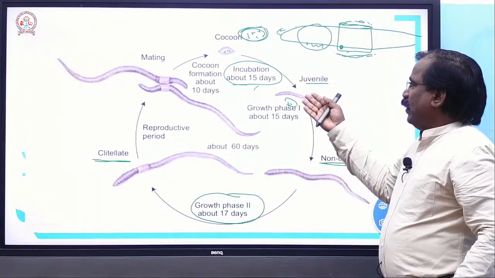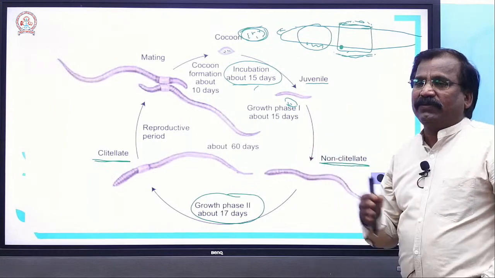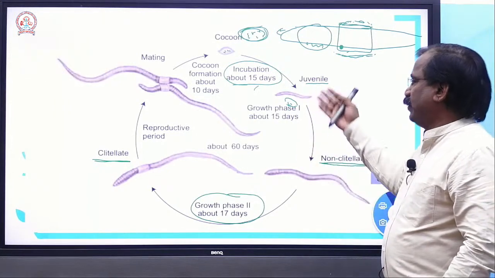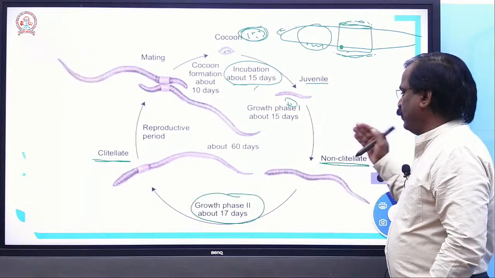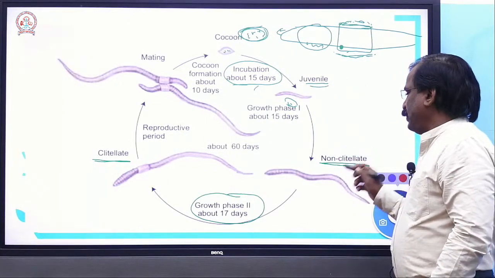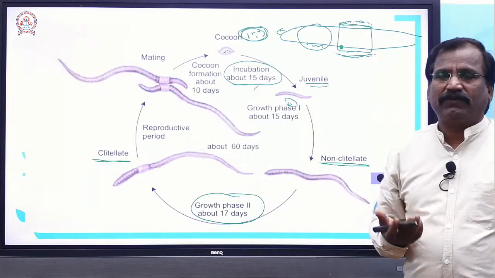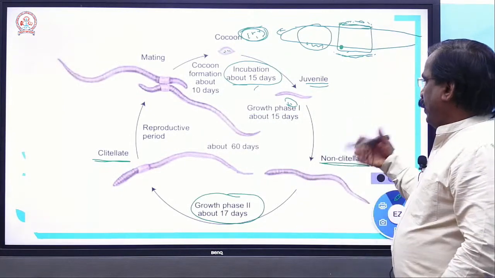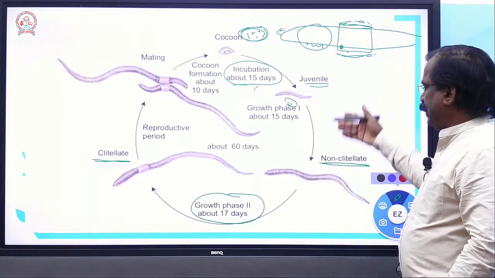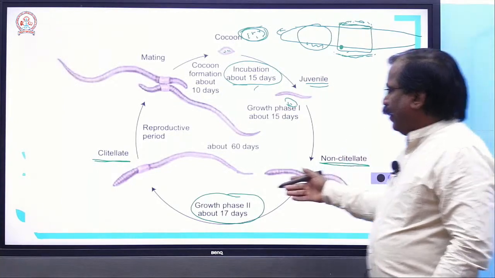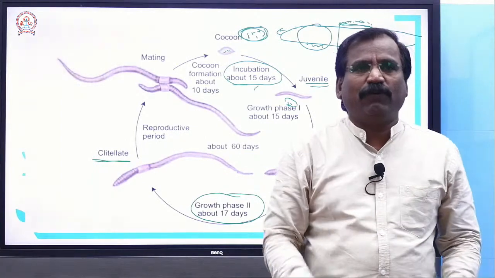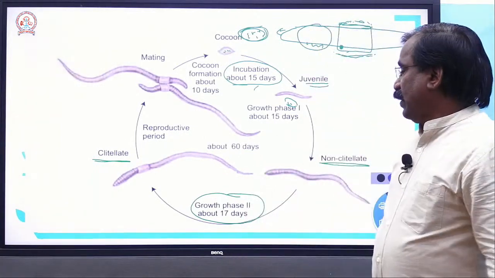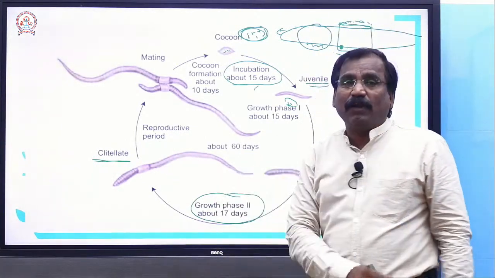It takes about 2 to 3 weeks to incubate. The juvenile, the young one, has no clitellum, and in about 2 weeks it develops. In about 2 weeks the clitellar form grows and develops the clitellum.